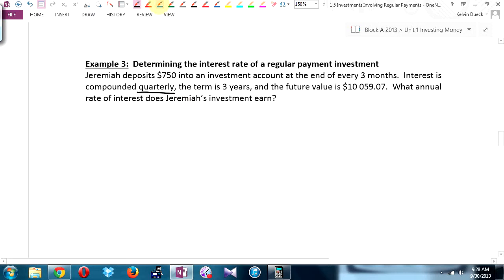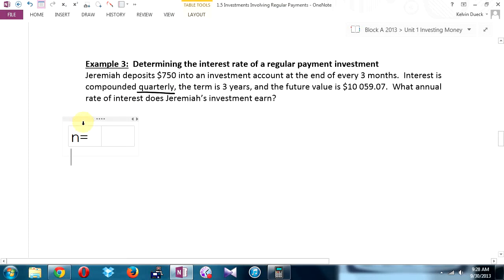Yep. Okay. We have N equals, by the way, my writing is so atrocious, if you don't mind, I'm going to go like this. N equals, I percent equals, what's the next one on there?